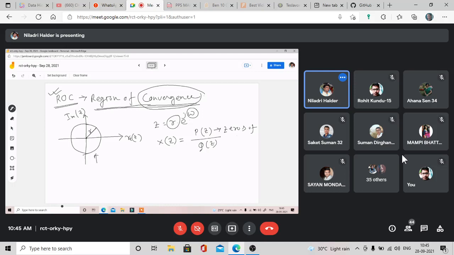From the upper terms, you can calculate the zeros of P(z), and from the lower terms, you can calculate the poles of Q(z). How? One example I will provide you, it will be more clear. So you need to calculate the poles and zeros to calculate the Z transform, which is very important. And how?